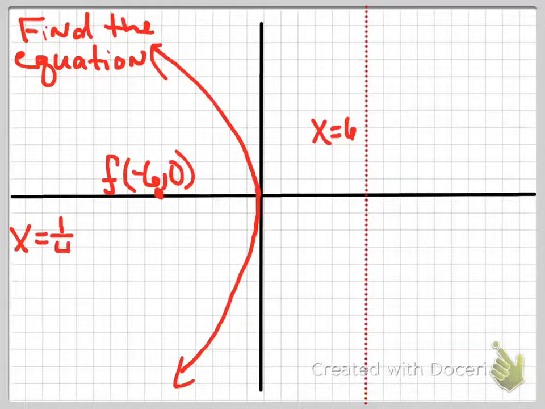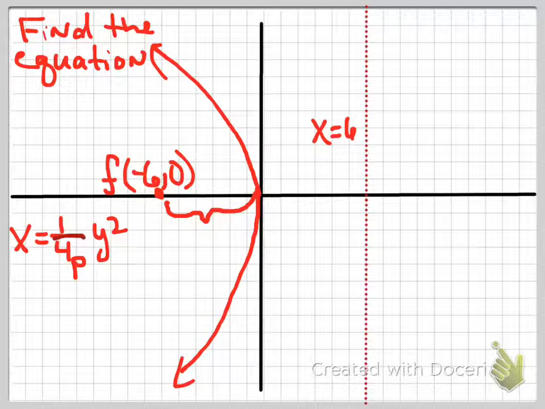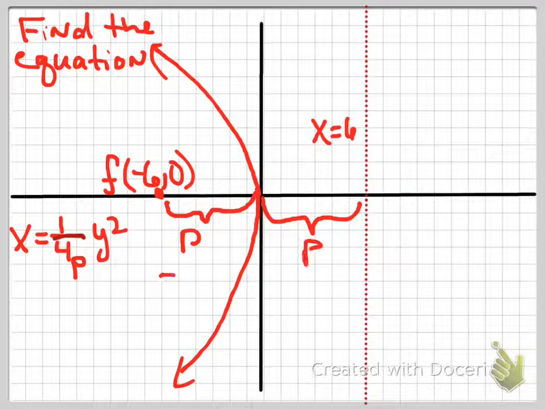There's a formula for when it's sideways like this: x is equal to 1 over 4p times y squared. So what is p? P is that distance, and in this case, it's the distance to the focus.